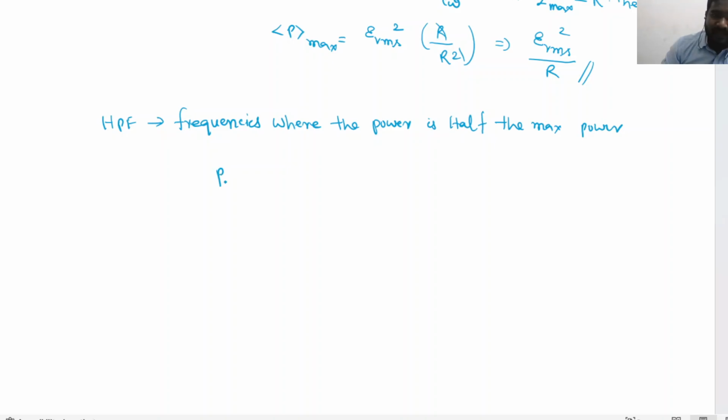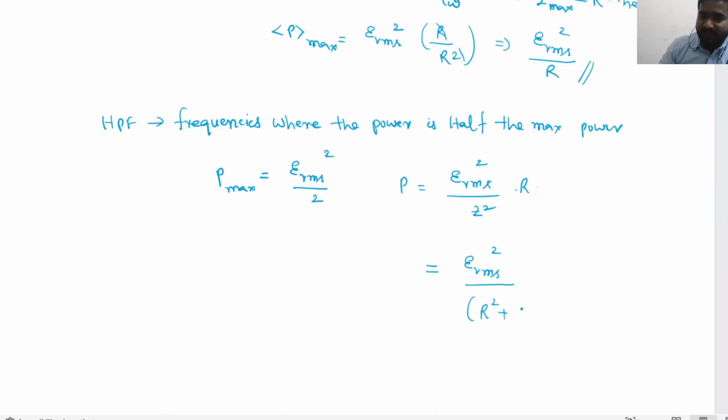Now you know that the maximum power consumption is E RMS square divided by R. Now the power formula at any instant is E RMS square divided by Z square times R. The power becomes half the maximum power, so E RMS square divided by Z square, that is R square plus (L omega minus 1 upon C omega) whole square, times R, becomes half of the maximum power.